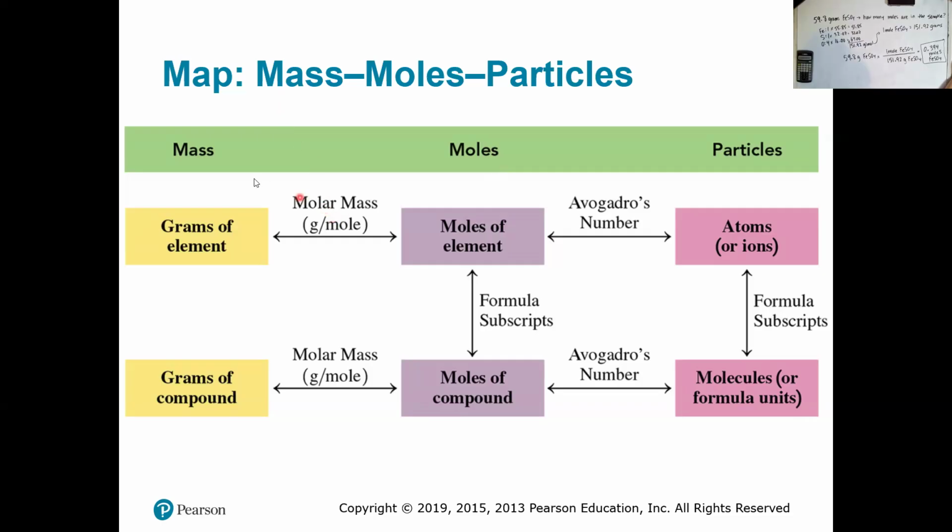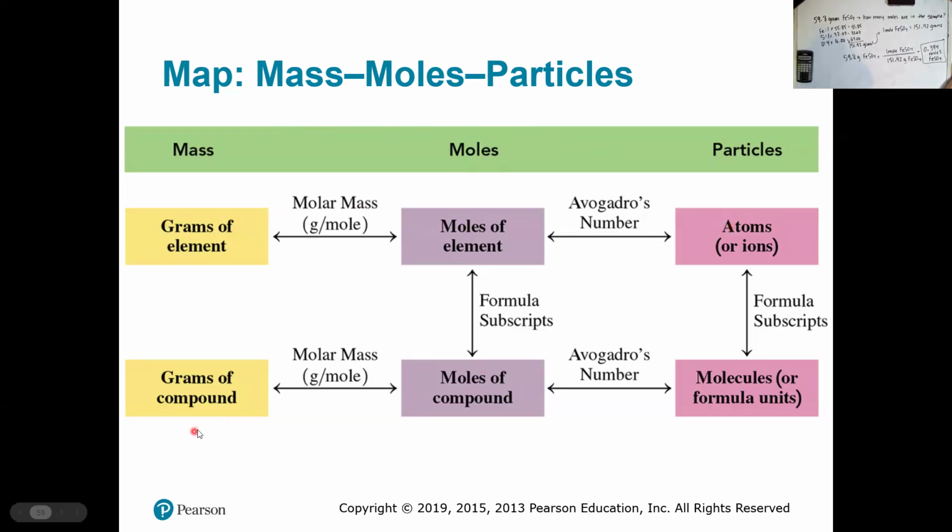For example, if you're given a mass and you need to go to moles, every time you're going between grams and moles, you're going to need to use the molar mass. If you're going between mass and the number of atoms of something, you can see from this map that you're going to start with grams. First, you have to go to moles.